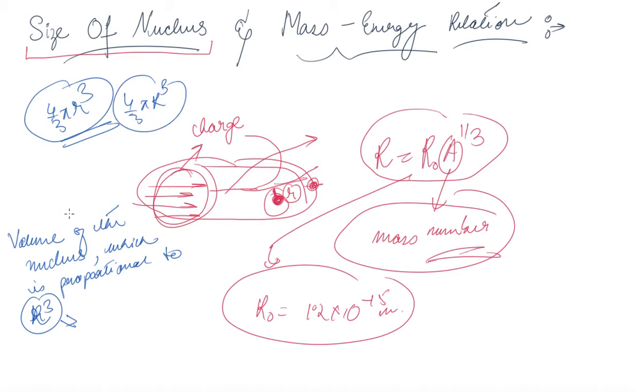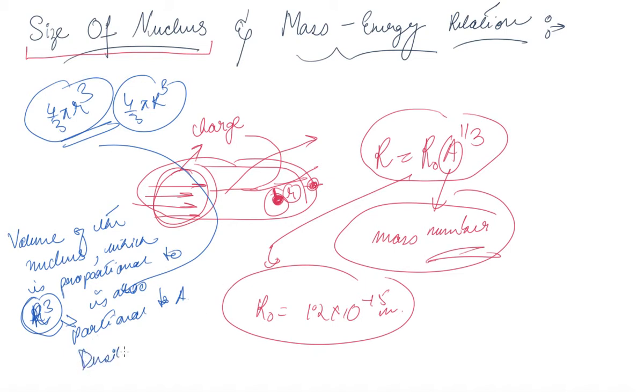If the volume of the nucleus is proportional to r cube, the more r there is, the bigger the volume will be. So this is what is being said here: the volume of the nucleus, which is proportional to r cube, is also proportional to A. Therefore, we can see that the density of the nucleus is a constant.